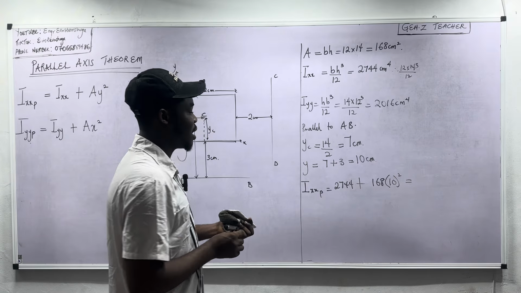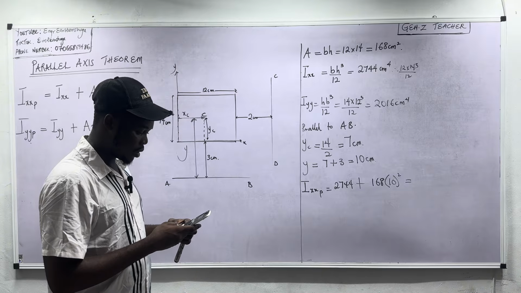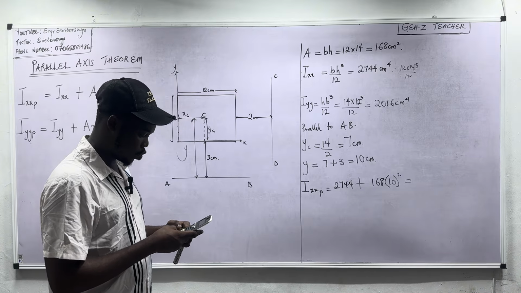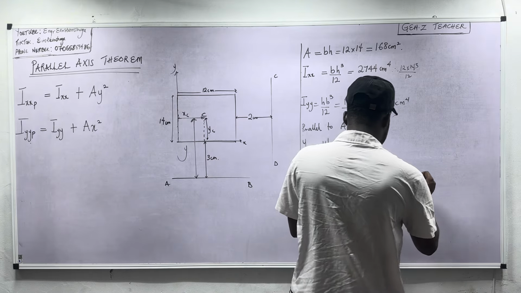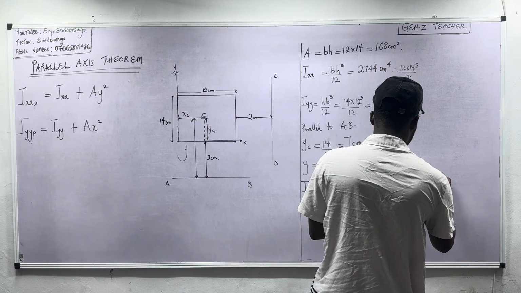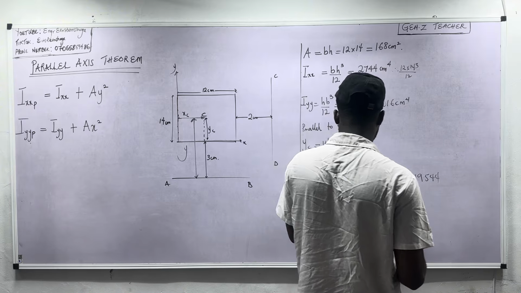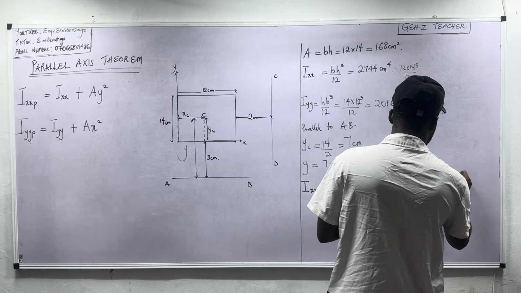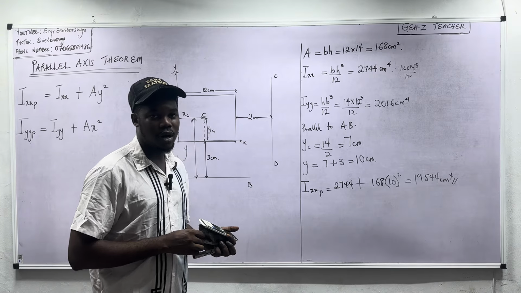So let's solve that quickly. 168 times 100 plus 2744 gives us 19,544 centimeters to the fourth. That becomes the answer for the Ixx parallel to the axis.